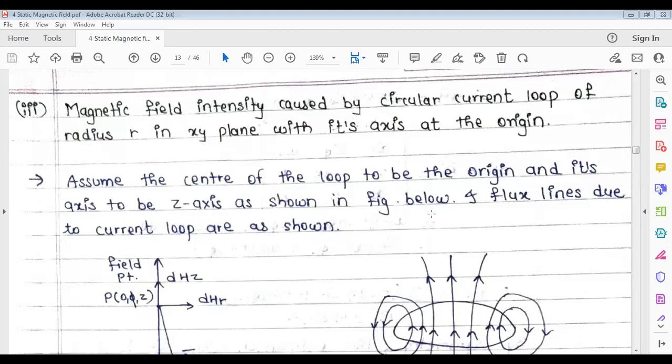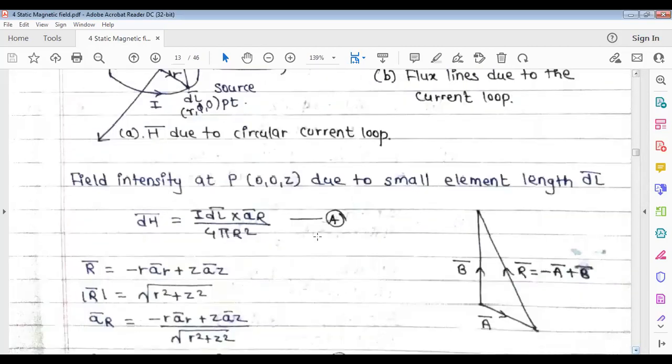So we have seen this magnetic field intensity caused by a circular current loop, right? While finding any application, we are using the Biot-Savart law only. That is, we are using the equation dH bar is equal to I dl bar cross a bar R divided by 4 pi R square.